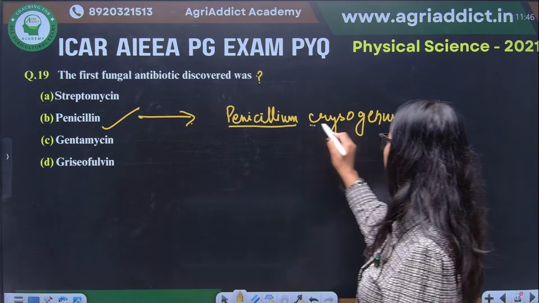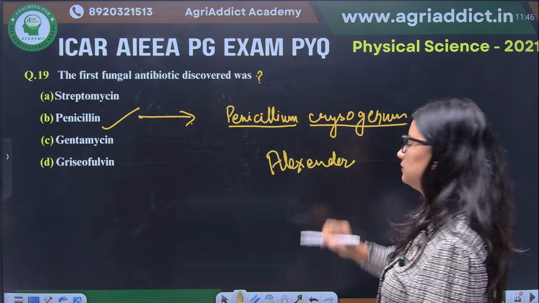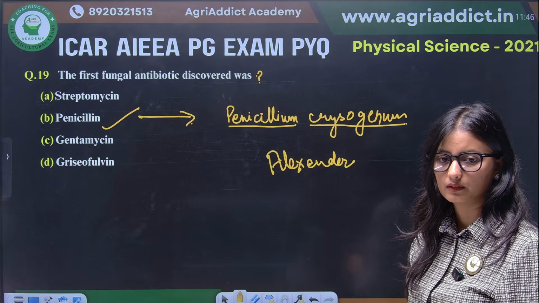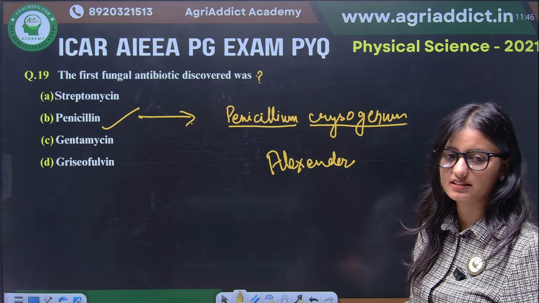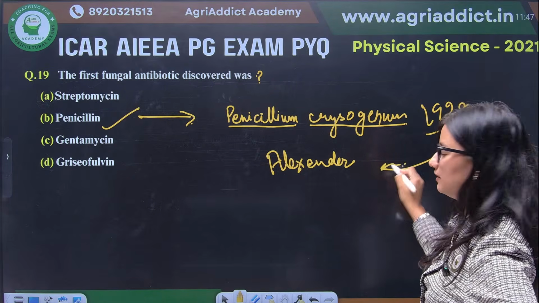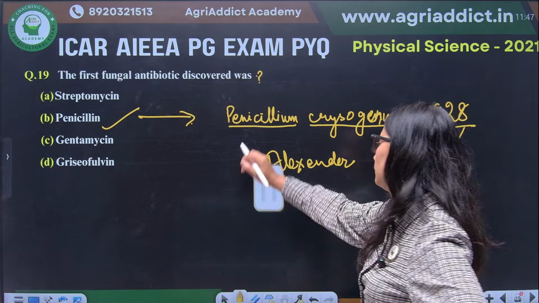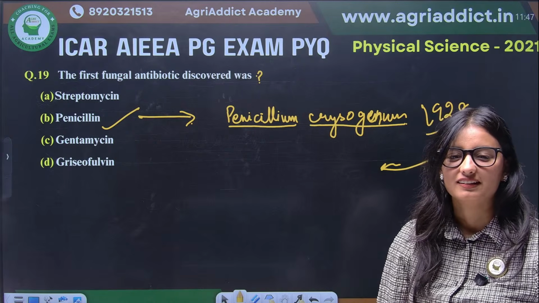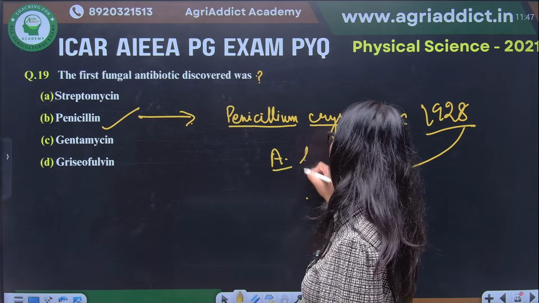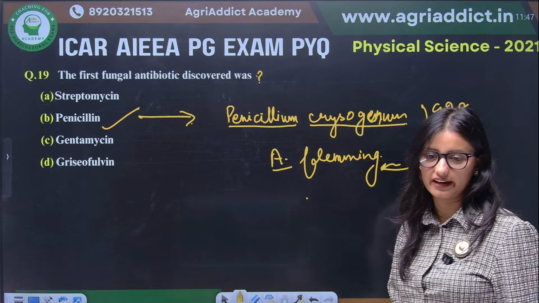By Alexander, name the scientist. 1928. Yes, 1928 is the correct answer. Who discovered penicillin? Very simple question. Very good. Alexander Fleming. Correct.